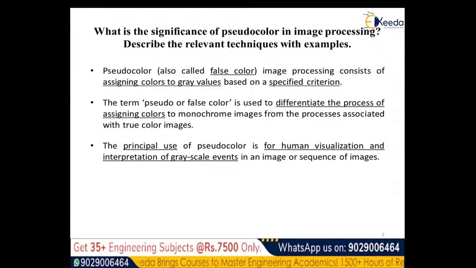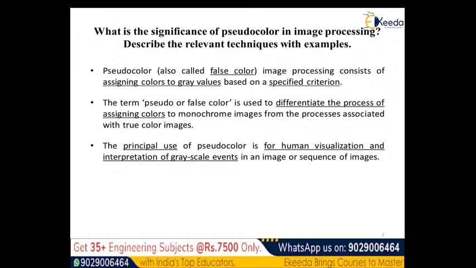Now the first part of this particular question, the important one: what is the significance of pseudo color image processing? The answer you can develop with the help of these three points that I have sorted out. The next thing: describe the relevant techniques with examples. See, when you check your syllabus, mostly associated with pseudo color image processing, you will find different applications described in detail.